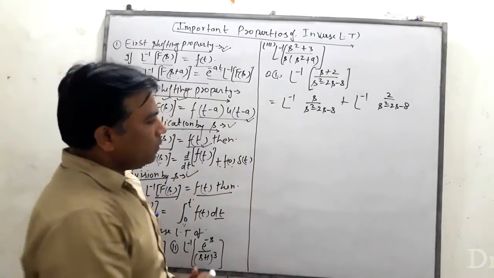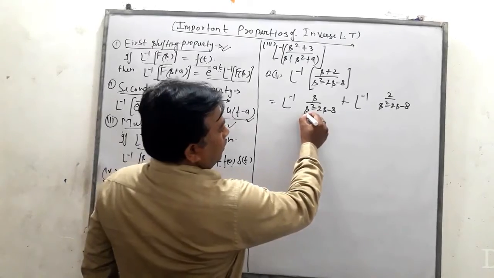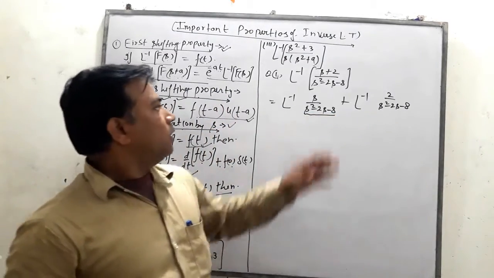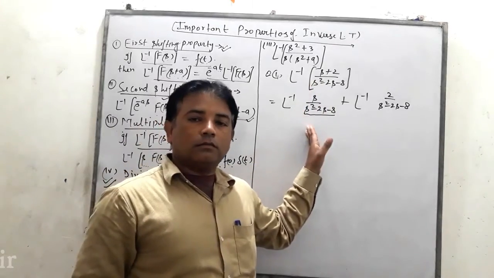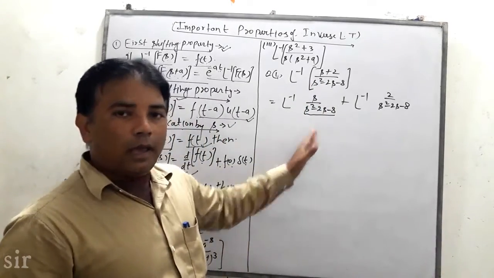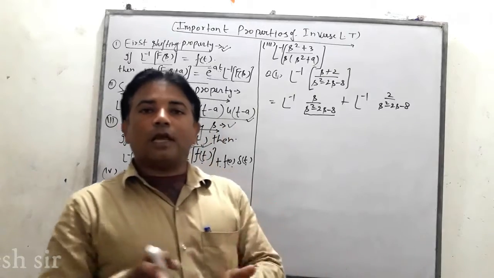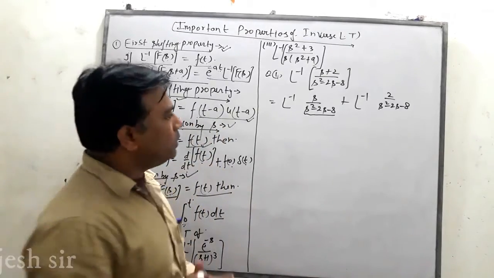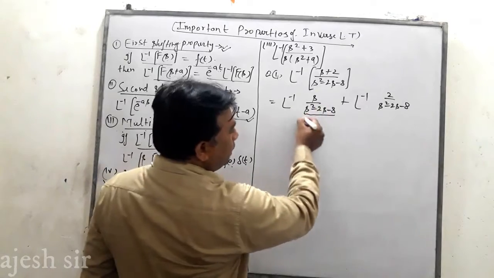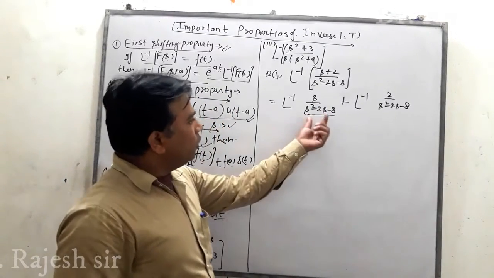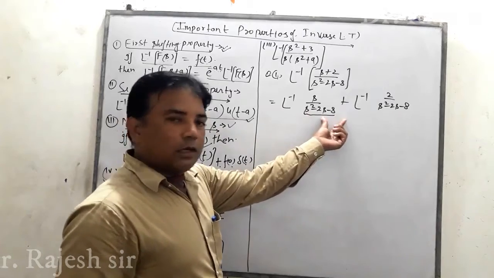Now we see the formula of the inverse Laplace transform: s upon (s square plus a square) or s upon (s square minus a square). It means we make the denominator in the form of s square.